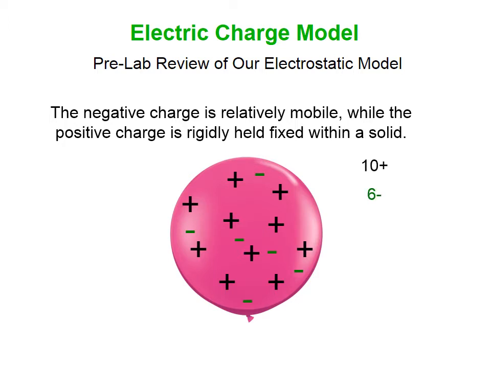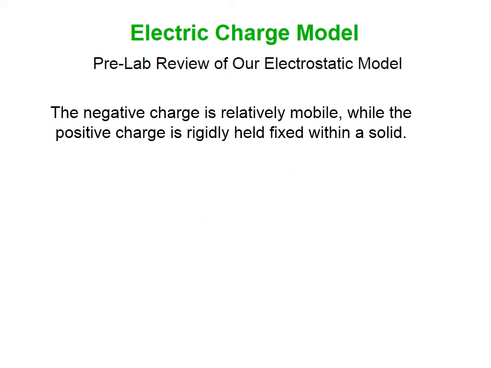It has, in our representation, 10 positive charges and 6 negative charges, so its overall state or imbalance is positive. We would say it has 4 extra positive charges, or an excess of 4 positive charges. Another way to say that, it has a deficit of 4 negative charges, but we'll call this a positively charged object, plus 4.